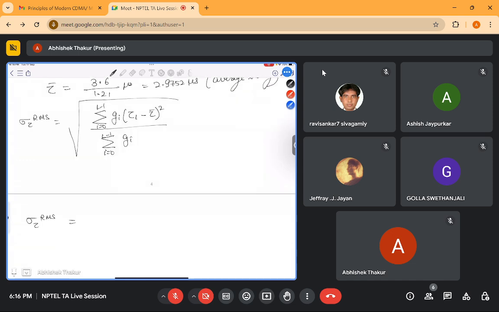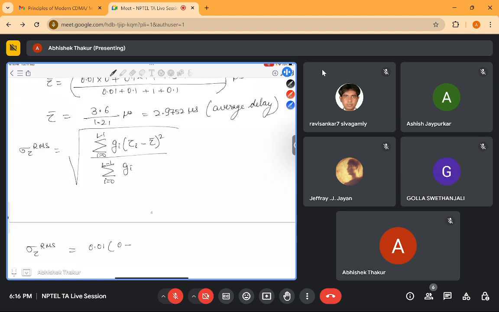0.01, tau i is 0 microsecond, and the mean tau bar will be 2.9752, and whole square, plus the second is 0.1, the tau i is 1 microsecond, 1 minus 2.9752 microsecond whole square.